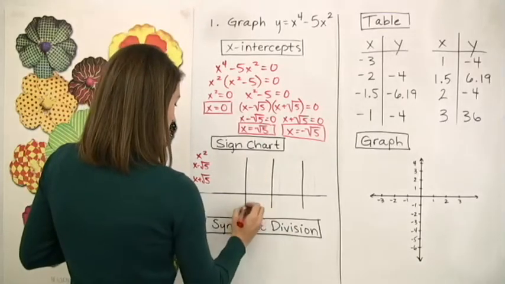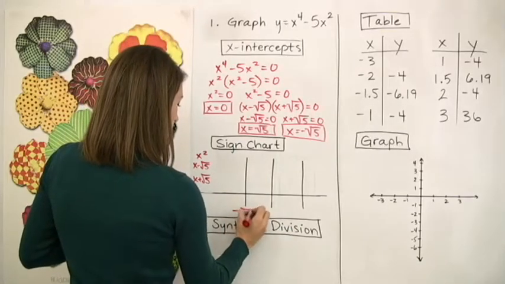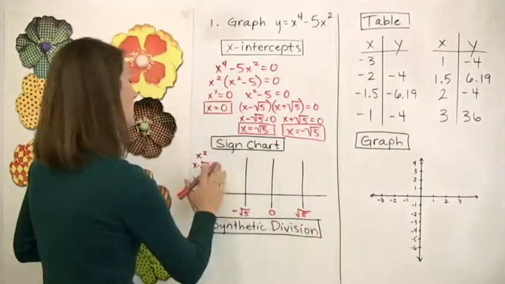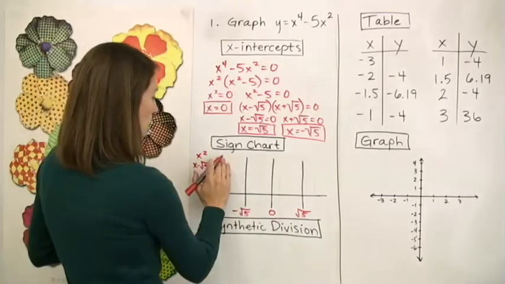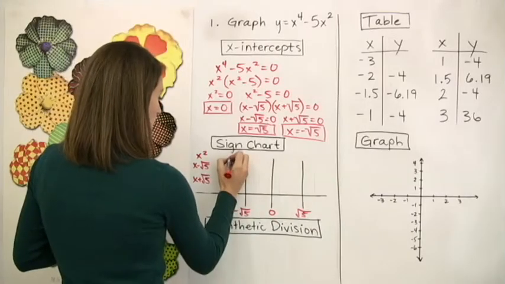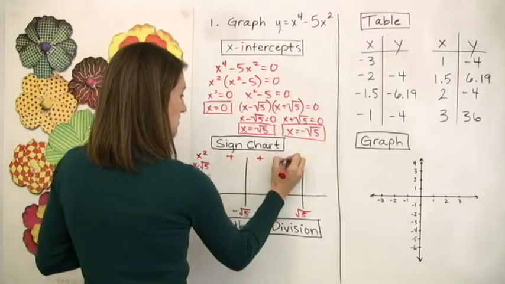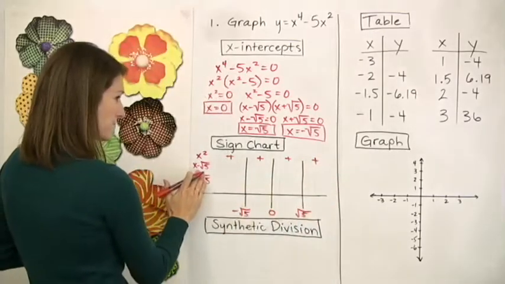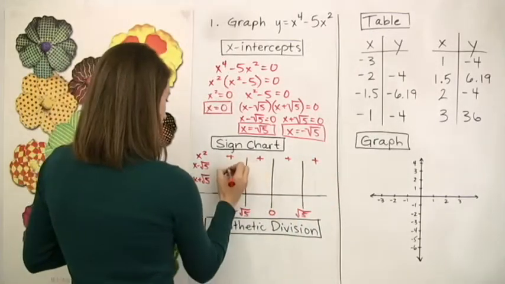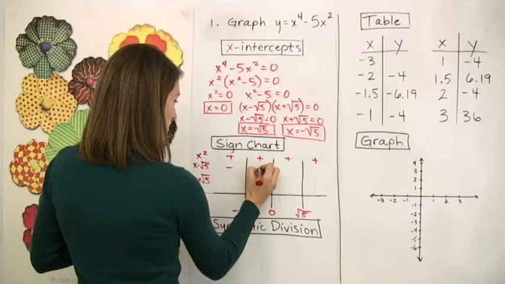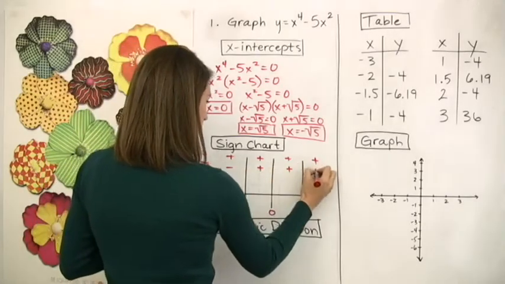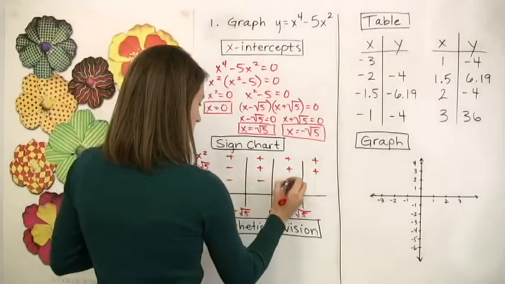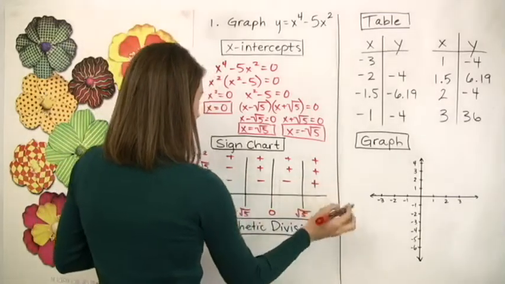So we have negative square root of 5, we have 0, and we have positive square root of 5. Okay, now moving on to x squared, we know that across the board our value is going to be positive. And then for x minus the square root of 5, we have a negative value here and positive the rest of the way. For x plus the square root of 5, we have negatives for the first 3 and a positive for the last.